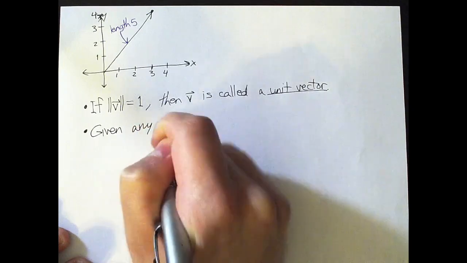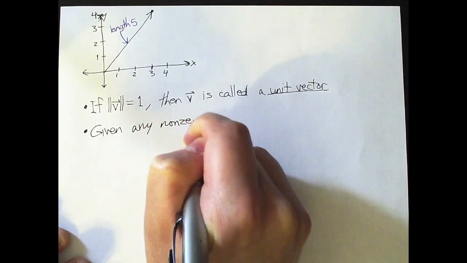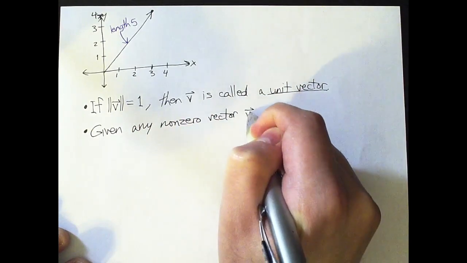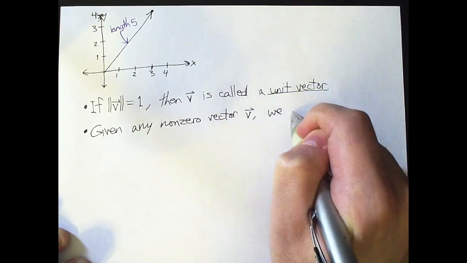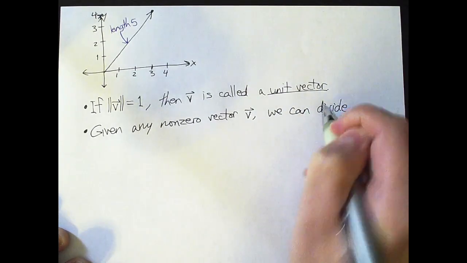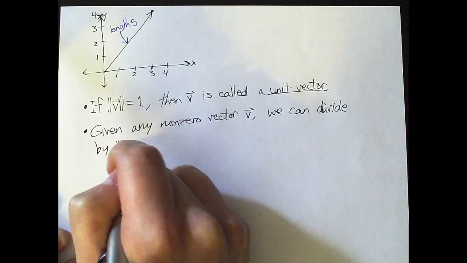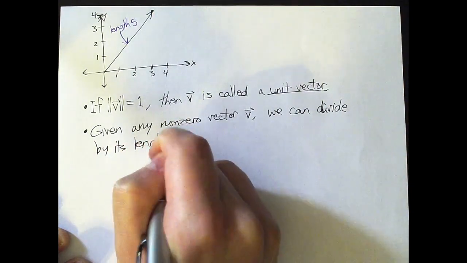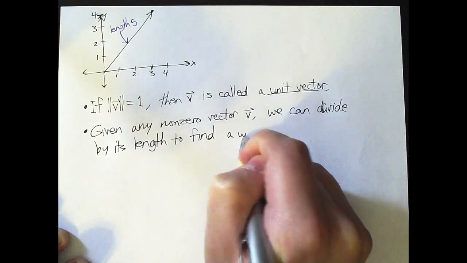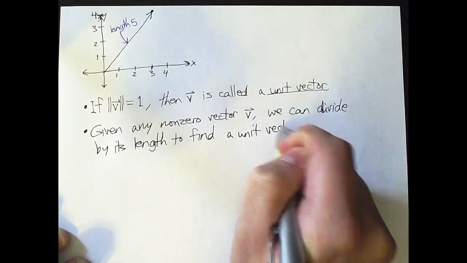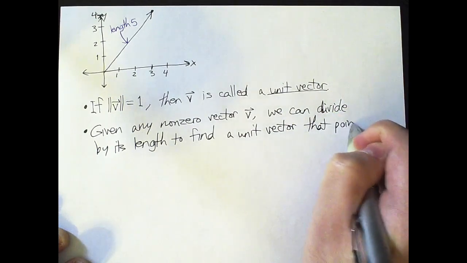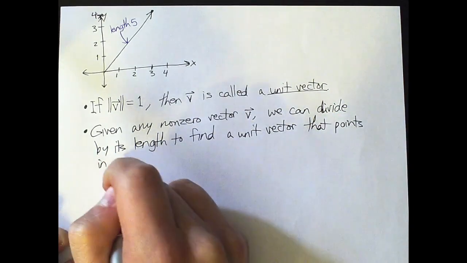Given any non-zero vector v, we can divide by its length to find a unit vector that points in the same direction.